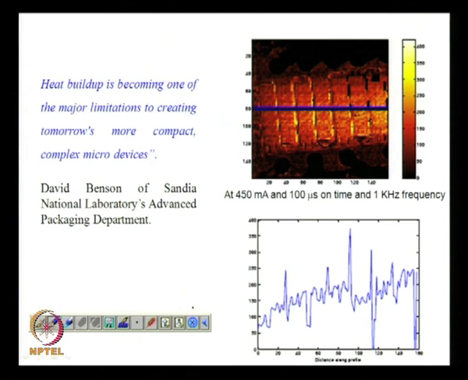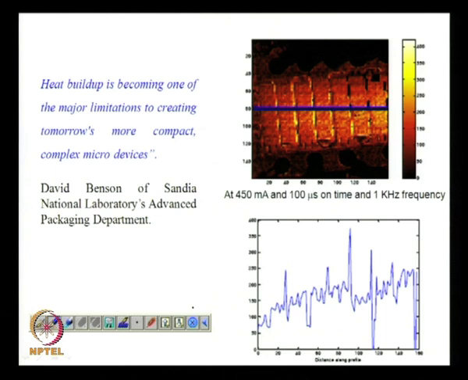Now we come to a specific problem which is common to many applications. It is an emerging area. Active research is going on on how to cool a microchip or how to cool a semiconductor device. What you see at the rightmost corner is a thermal image of a microchip while it is in operation.